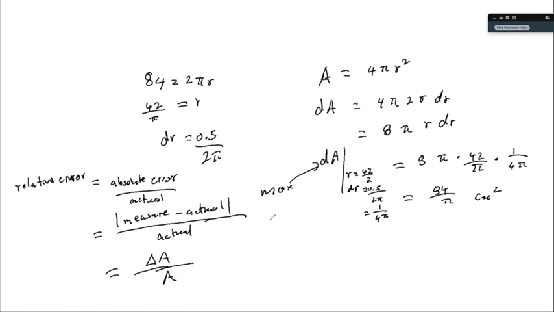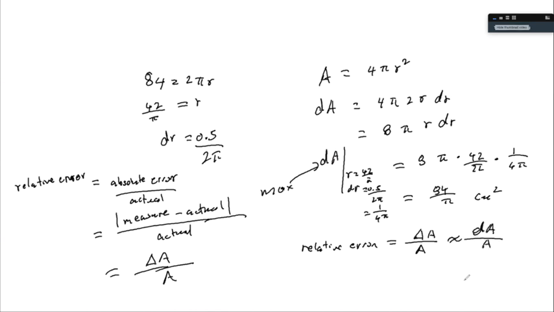Yes. And from differentials, we learned that this change in A is basically approximately what? dA. So when we talk about relative error, we are basically talking about change in area over the actual area, which we can approximate using the differential, which is dA over what?